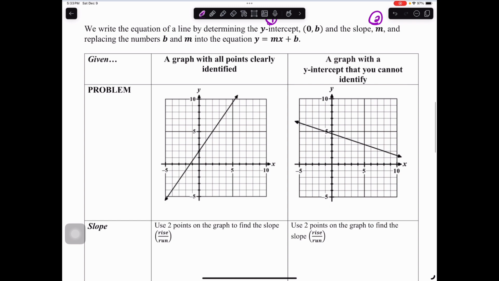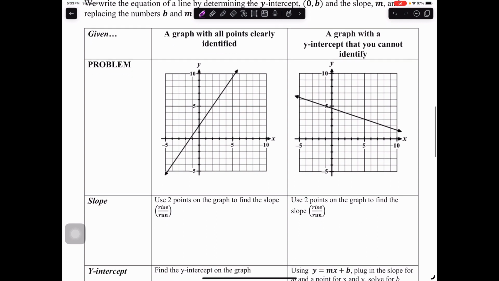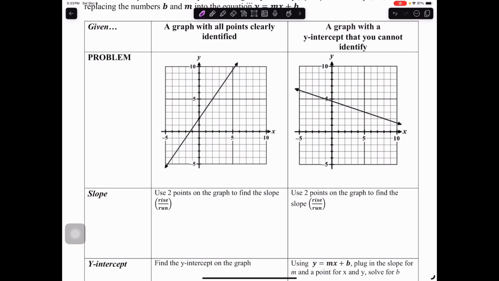So what we're given in this first example, and we're going to go down in a column, is a graph with all points clearly identified. So for the slope, we should be able to pick 2 points and find out the rise over the run whenever we have a graph. So I'll pick this point here and this point here. I see that I'm going up 3 into the right 2.